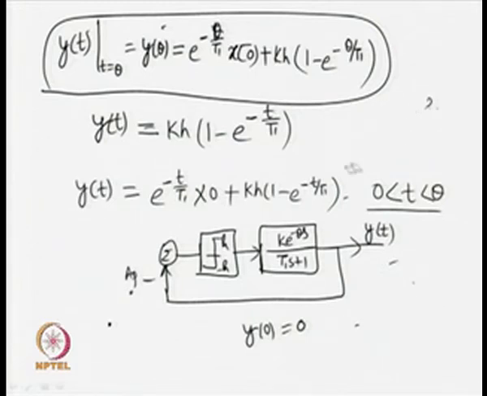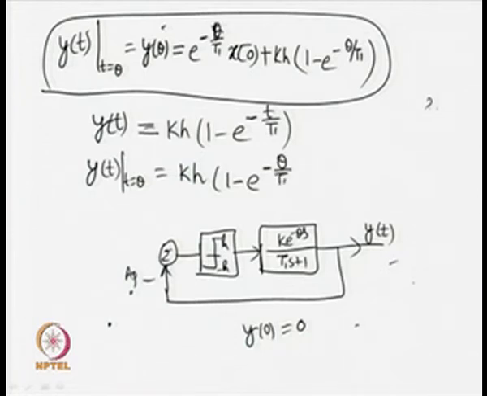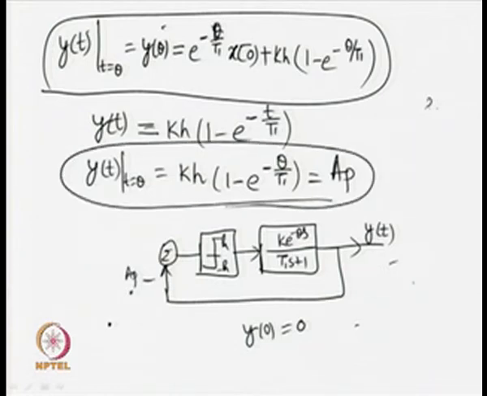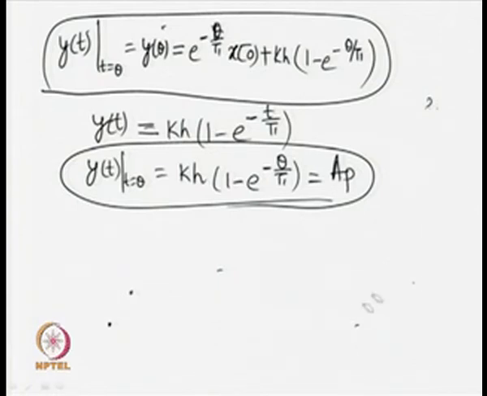Now, the peak amplitude of the output signal y(t) at time t equal to theta is equal to Kh times 1 minus e to the power minus theta upon T1, which becomes the peak amplitude. This is how I find one relationship between the parameters of the first order plus delay model and the peak amplitude of the output signal.